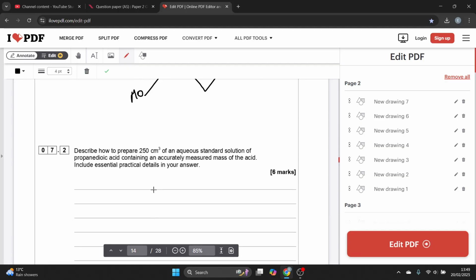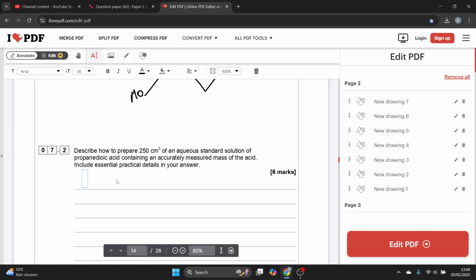Perfect. Next: describe how to make up an aqueous standard solution of propane dioic acid, accurately measuring the mass of the acid, and include essential practical details in your answer.